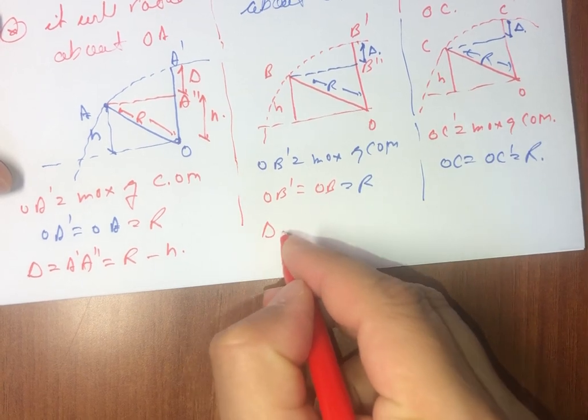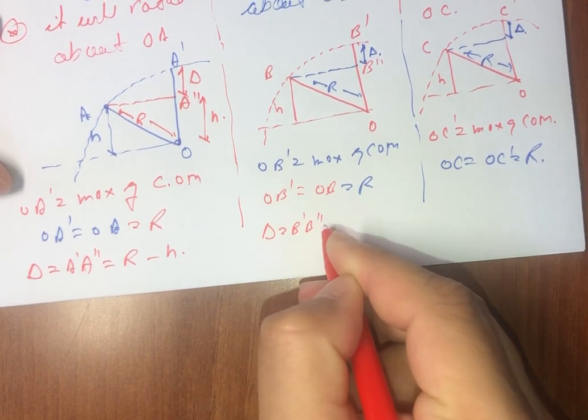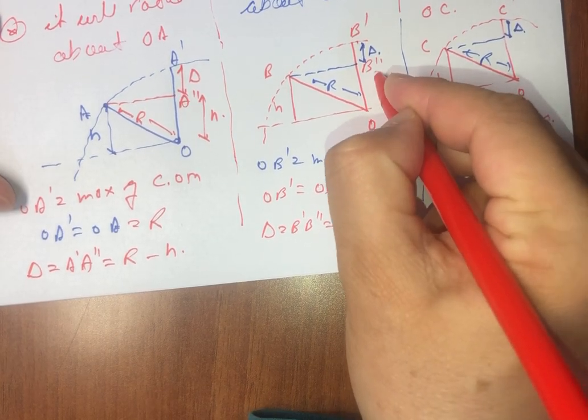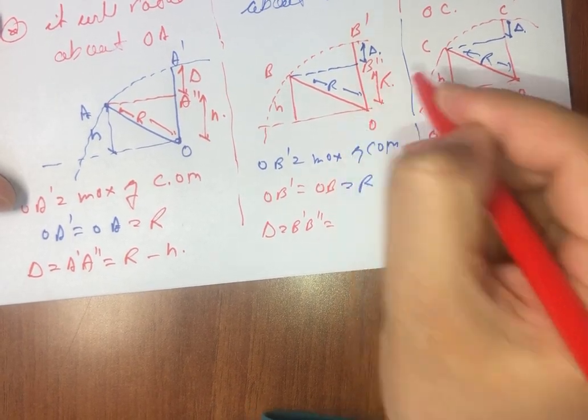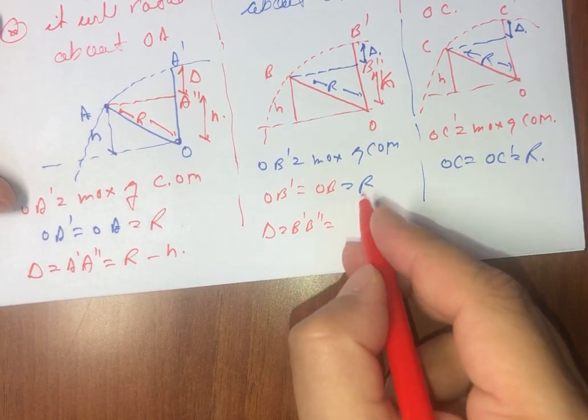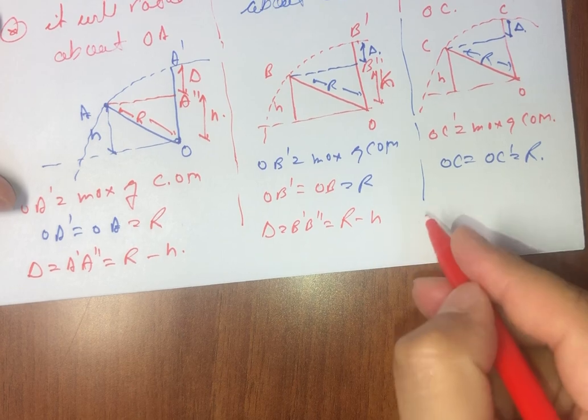So we can say delta, which is equal to B prime B double prime, will be equal to, once again, OB double prime is H. So here also we get R minus H.